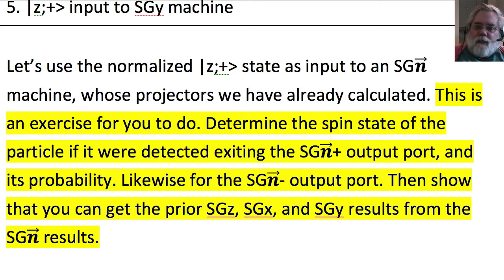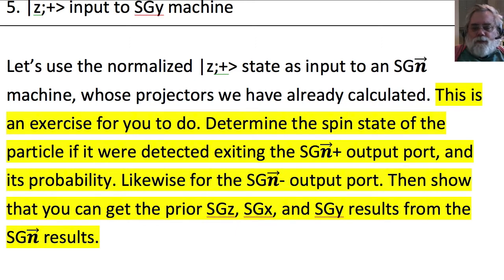Determine the spin state of the particle if it were detected exiting the SGN plus output port. Then determine its probability. Likewise for the state for the N minus output port. Figure out its probability. Assure yourself that the probabilities sum to 1.